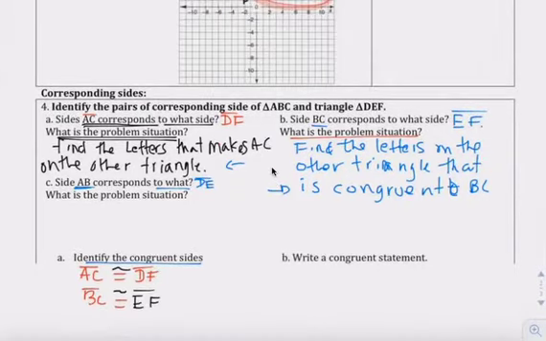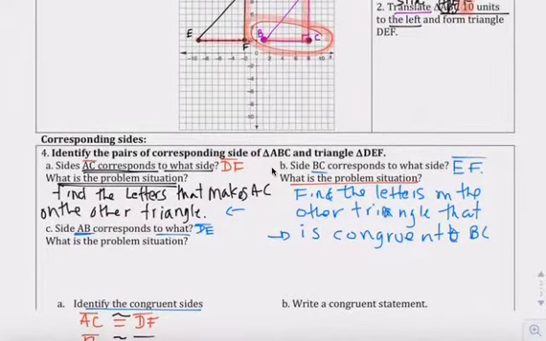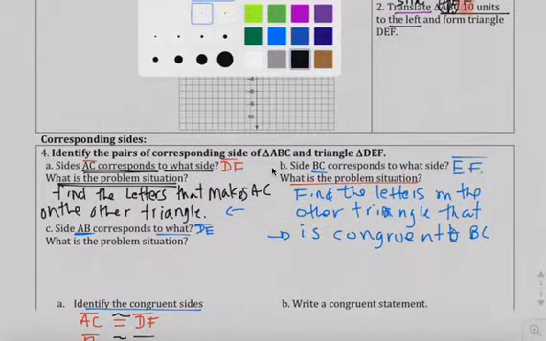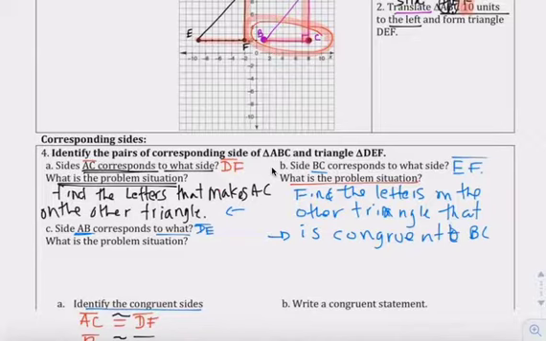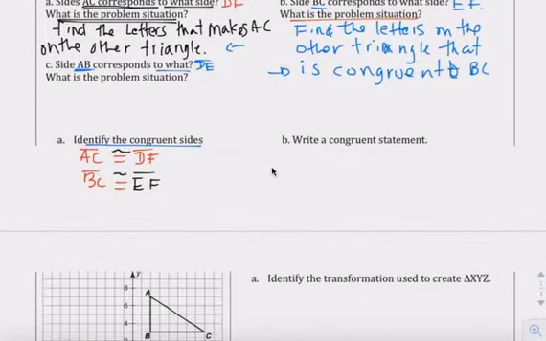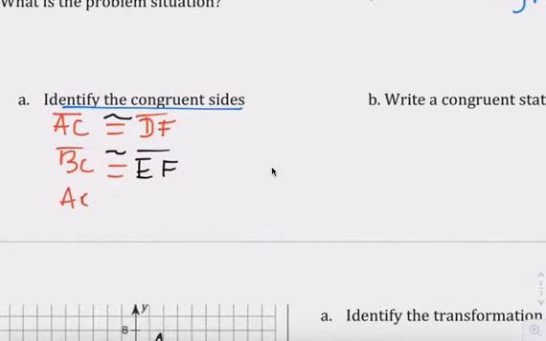And the last one is AB. AB right here is congruent to DE, line segment.